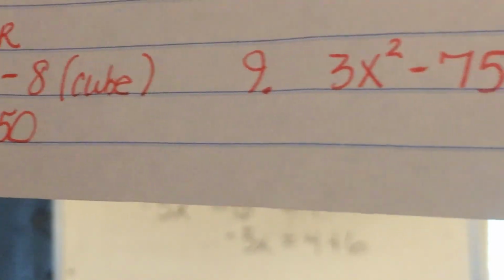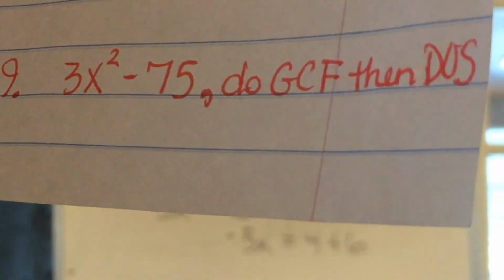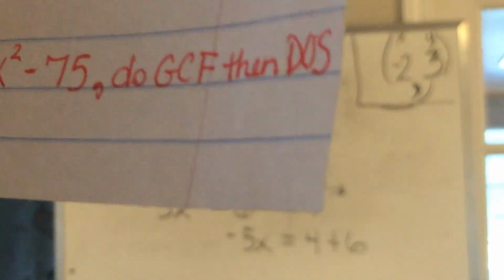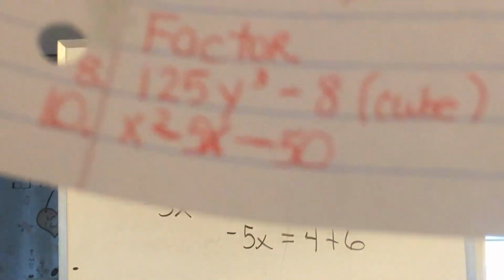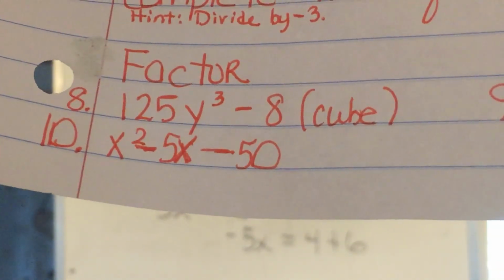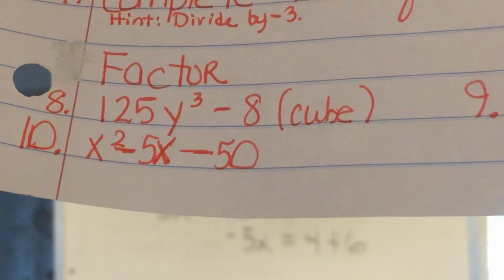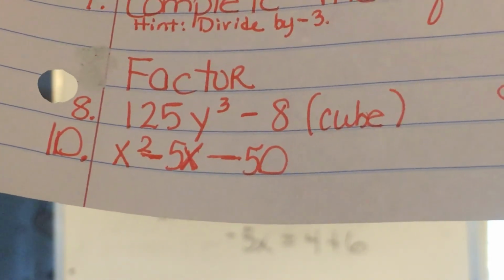I give you a hint, it's a cube problem. Number 9, 3x squared minus 75. I give you a hint, do a GCF and then difference of squares. And then this last one, number 10, x squared minus 5x minus 50. Factor, skip factor.